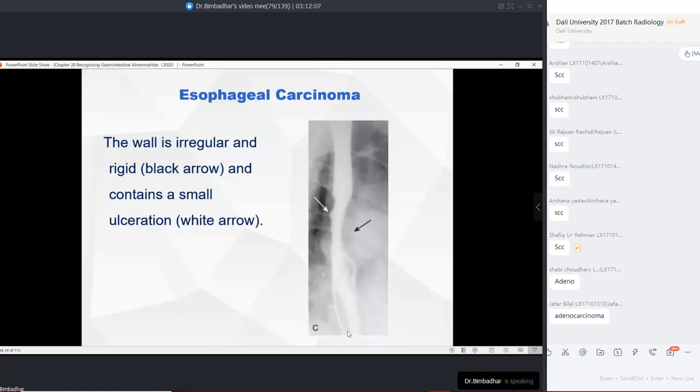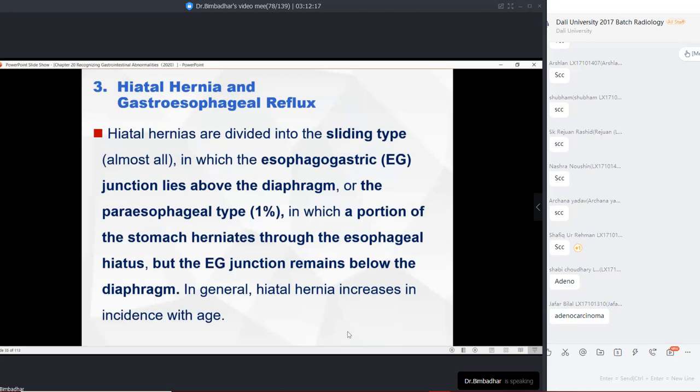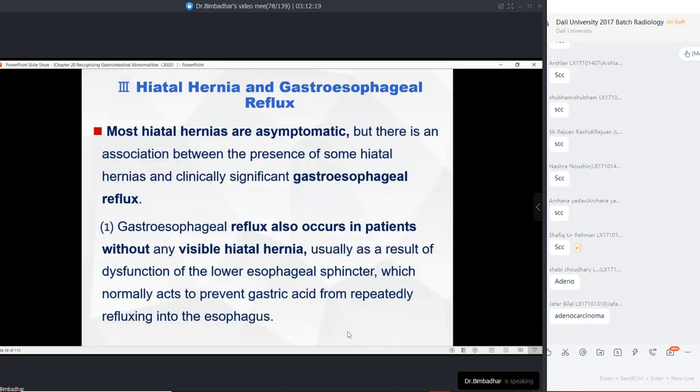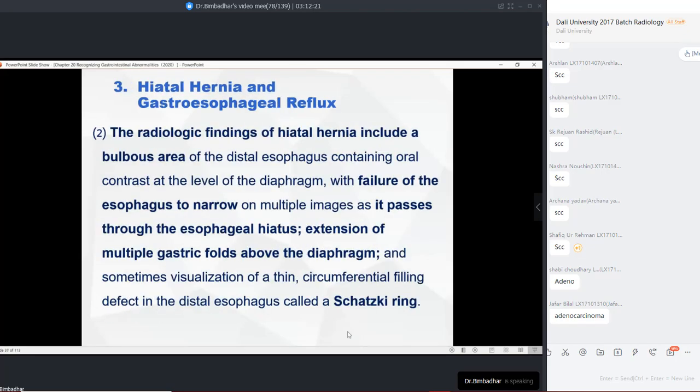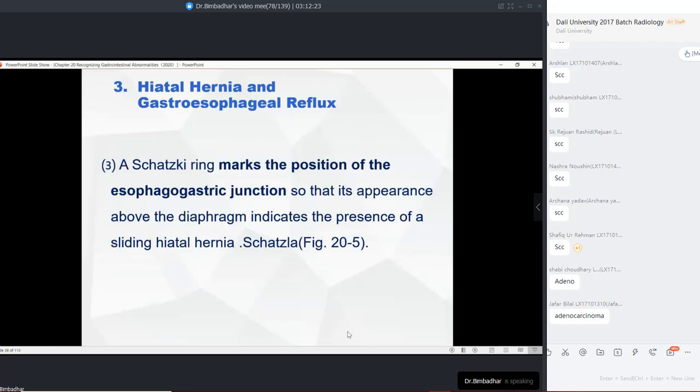Forget about the squamous cell because that technical detail is not necessary for you at this level. All right, it will confuse you more, right? I will not talk about the hiatal hernia. We will start talking about this hiatal hernia tomorrow.